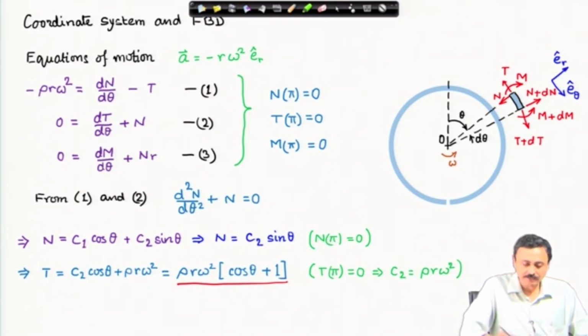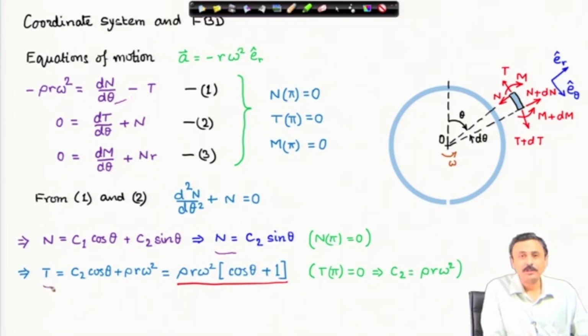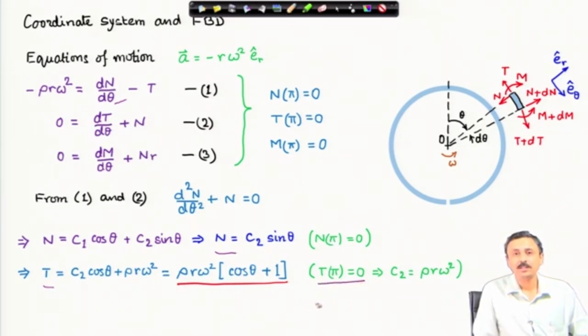Now, if I get n from here in terms of C2, I just substitute in the first equation and solve for the tension. Therefore, tension becomes C2 times cosine theta plus rho r square omega square, and when I use the condition that the tension at theta equal to pi is 0, we can solve for C2.